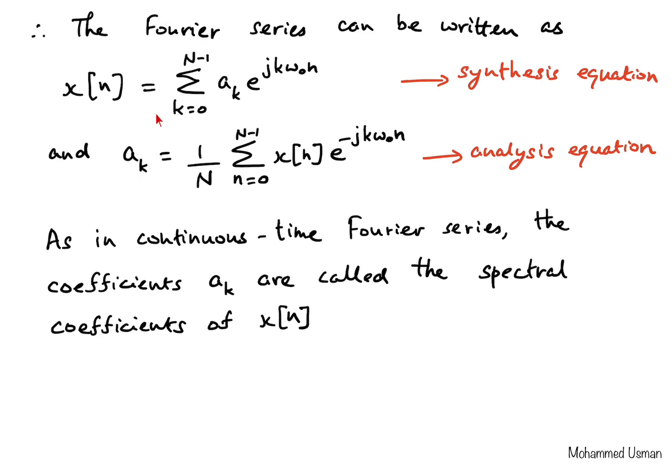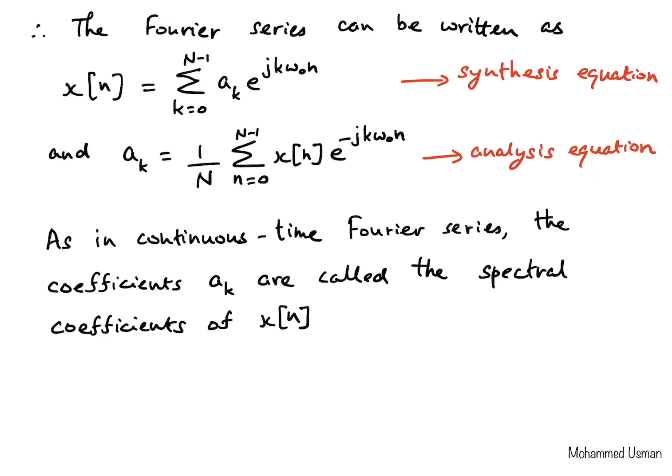Now the first equation that we have here, where we are representing the discrete time periodic signal x of n as a linear combination of complex exponentials, we call the synthesis equation, and the equation where we compute the Fourier coefficients is called the analysis equation.